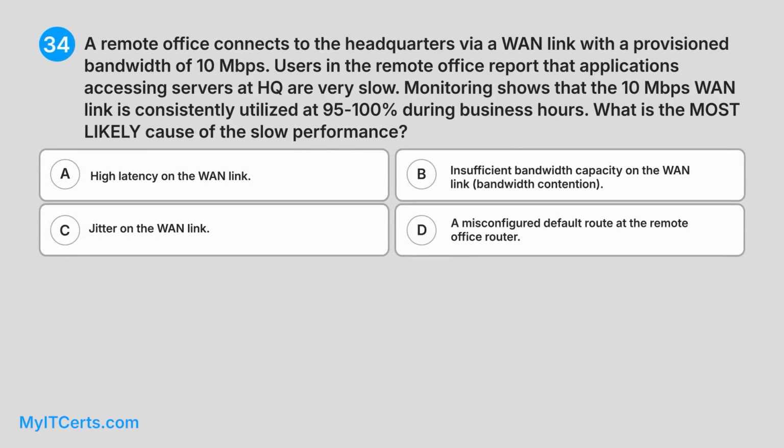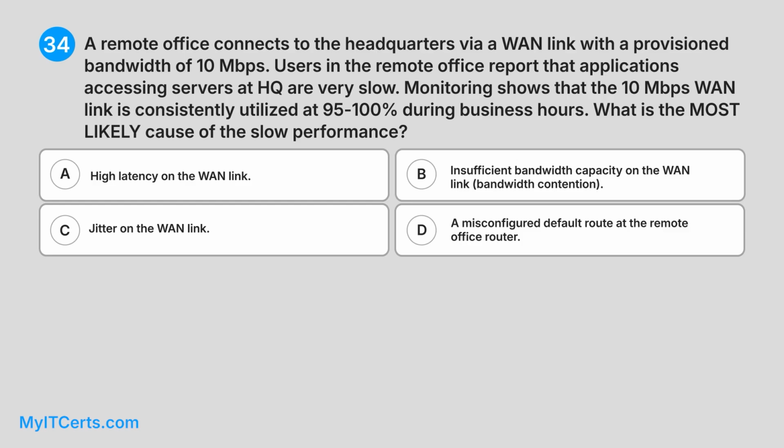34. A remote office connects to the headquarters via a WAN link with a provisioned bandwidth of 10 megabits per second. Users in the remote office report that applications accessing servers at HQ are very slow. Monitoring shows that the 10 megabits per second link is consistently utilized at 95 to 100% during business hours.